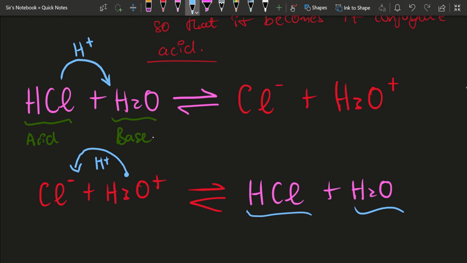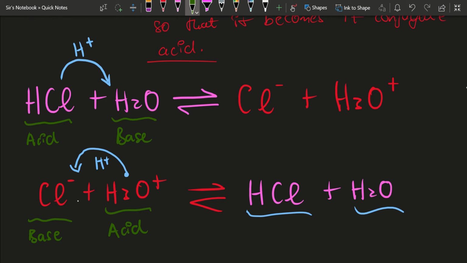So what can you see this as? If I reverse the reaction, Cl minus gets a proton and becomes HCl. So in this case, Cl minus acts as a base, and H3O plus acts as an acid because it gives away the proton.